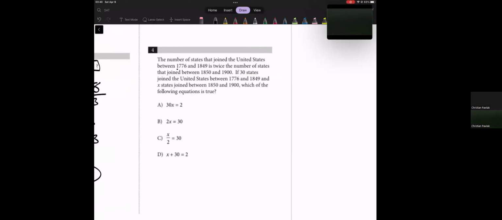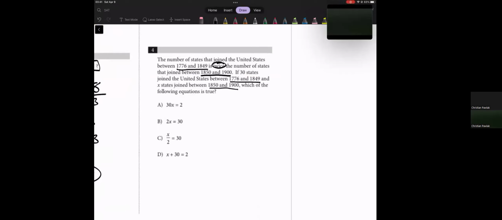So we kind of go through and say, okay, these years, 1776, 1849, so those kind of represent the same thing, is twice the number of states that joined between these years, which are supposed to kind of match up with those ones. All right. So we're trying to figure out which equation this matches up.